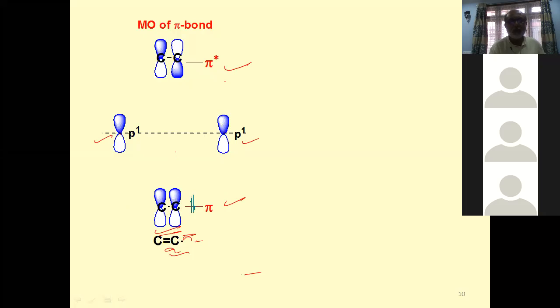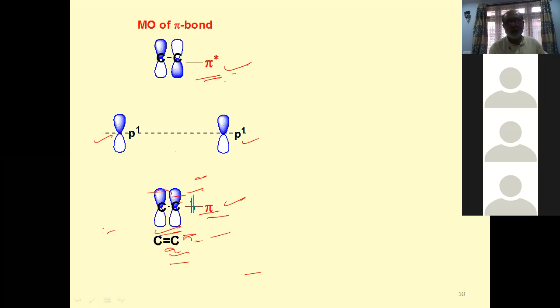Because the type of bond is pi, we call this pi and the other one pi star. All right. And in terms of wave function, how will the bonding orbital look? These two p orbitals on the two carbon atoms, the same phase will come together.